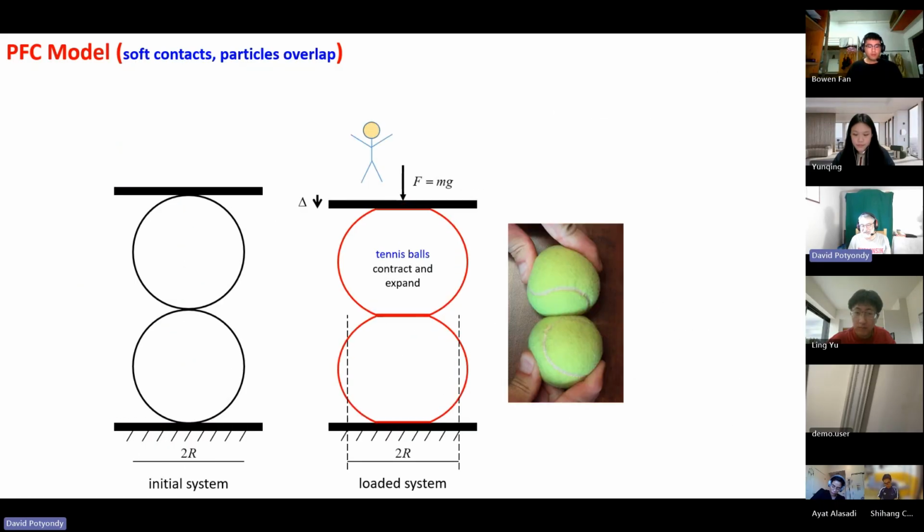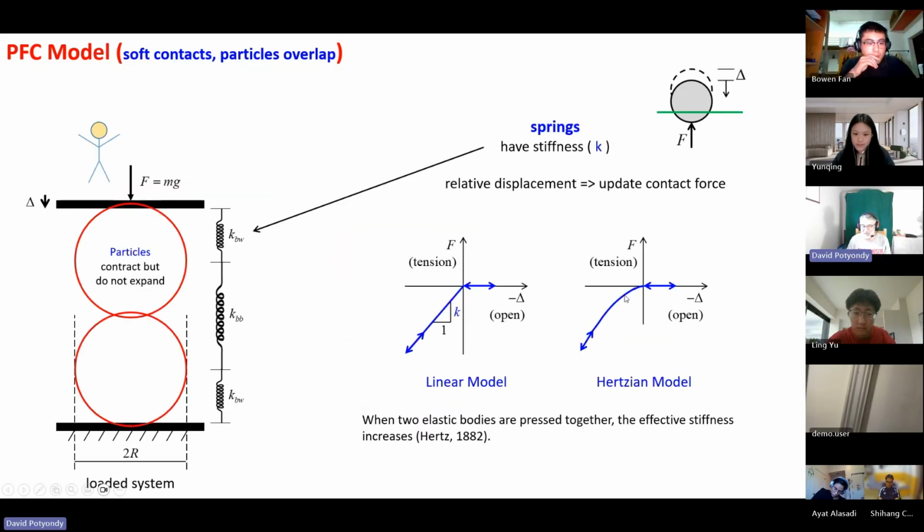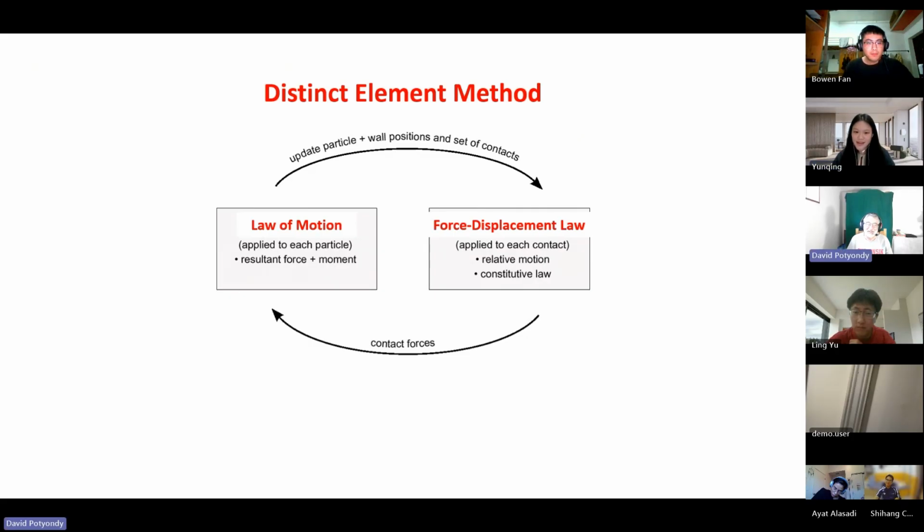If you actually did this with 2 tennis balls, you should do this when you get a chance. Push them together and you will notice very much that the stiffness gets harder and harder to press them. They do get stiffer, because these are elastic bodies pushing together. Okay. Good enough? Makes sense so far? Yeah. Okay.